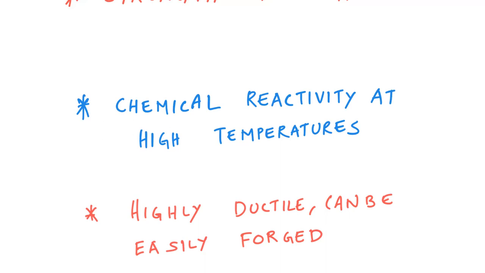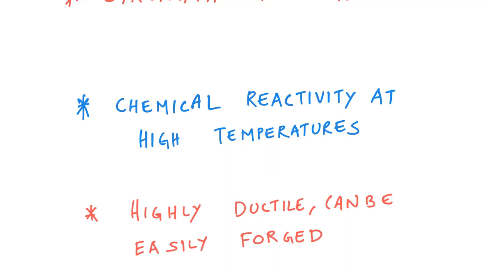So one of the limitations with titanium is chemical reactivity at very high temperatures. It will react with other gases at high temperatures. This is the reason why the refining or the processing of titanium is quite expensive.